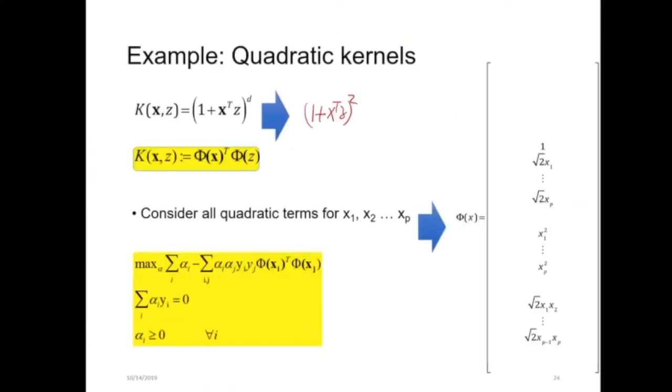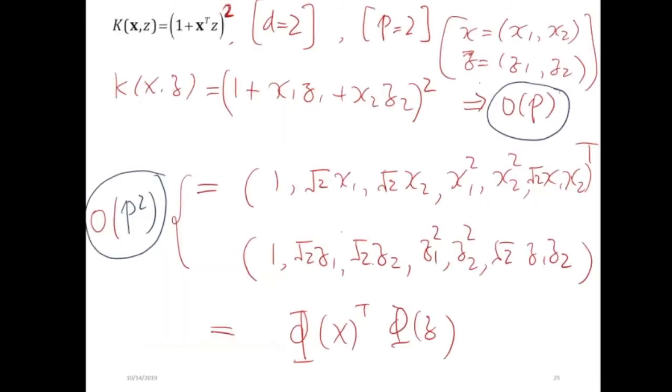So now let me give you very concrete cases about this (1 + x^T z) quadratic, the polynomial kernel. In fact, the polynomial kernel matches a phi(x) that has all the elements like this: 1, the x1 linear term, the quadratic term, and the pairwise interaction term, until it becomes really, really long. And you can prove it for the polynomial degree 2 case. In this case, we have 2 features. Let's just prove how you get it.